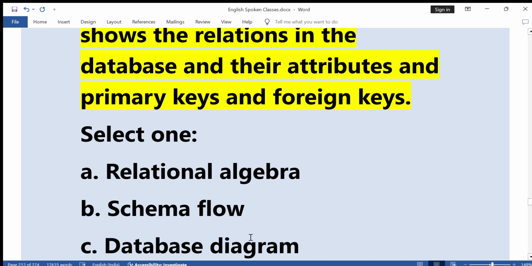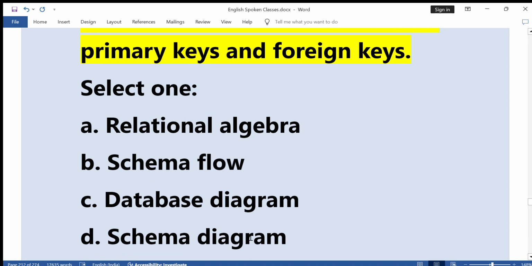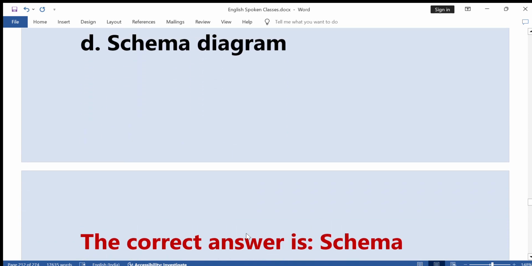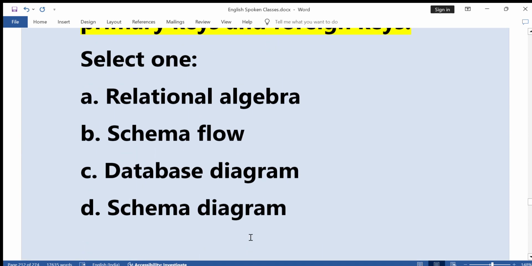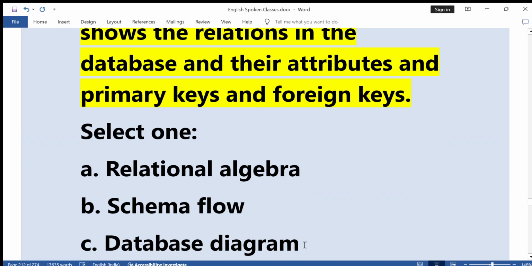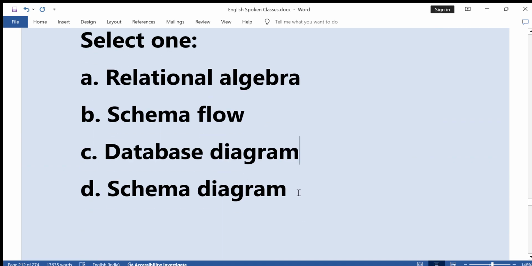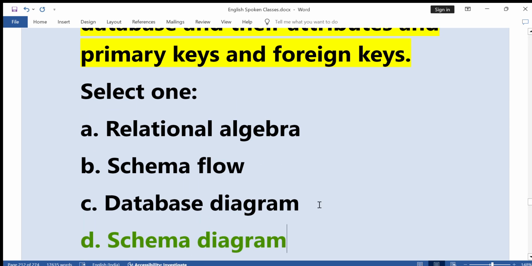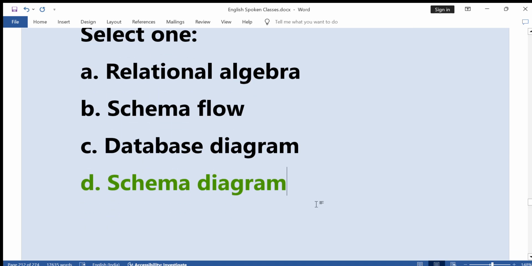Option C, database diagram. Option D, schema diagram. Then the answer will be option D, schema diagram.